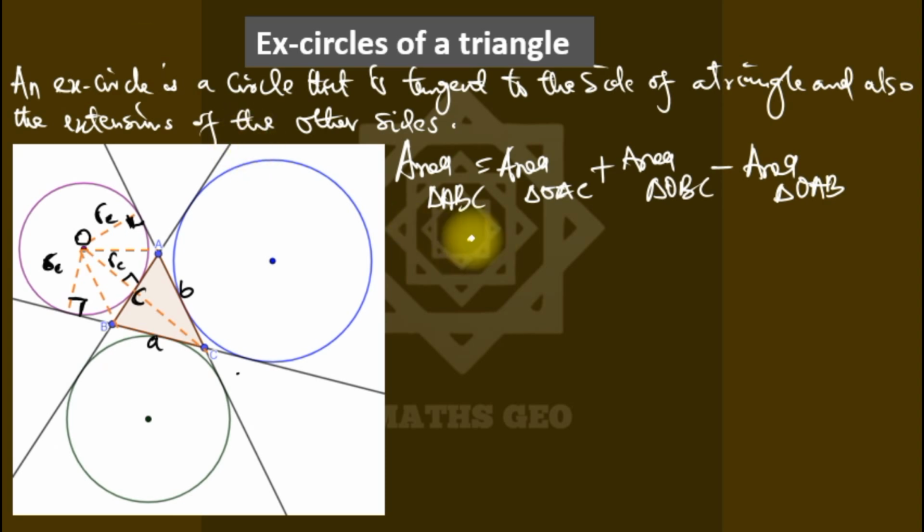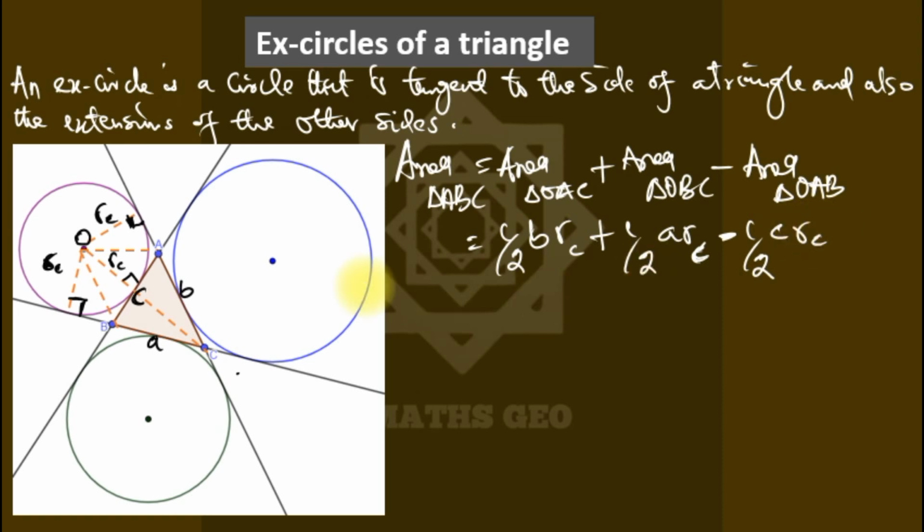So the area of the triangle is half base times height. For OAC, the base is B, and the height is R subscript C, plus half for OBC, the base is A, and the height is still R subscript C, minus half the base of this, which is C, times R subscript C. That's the height, the same from the diagram.